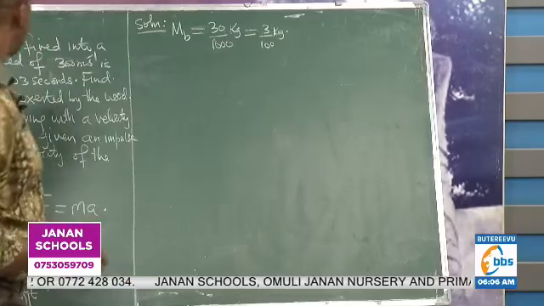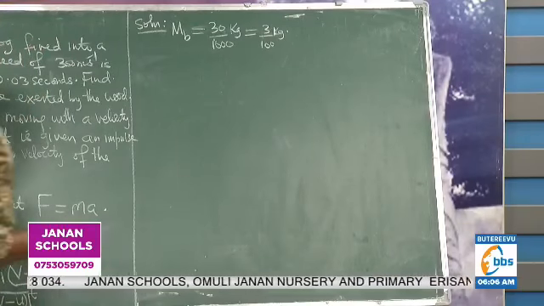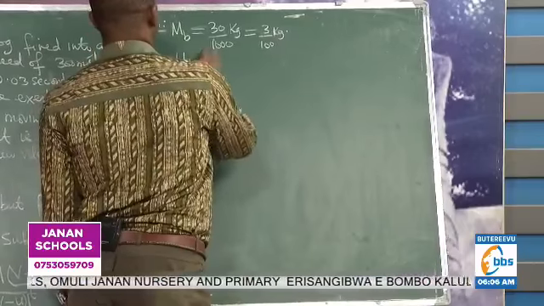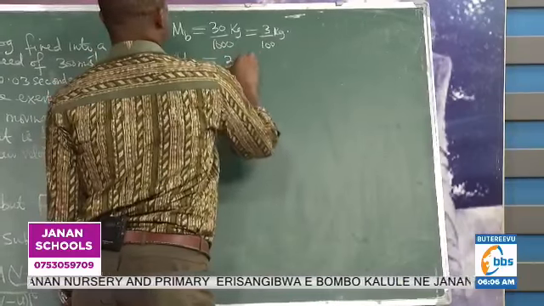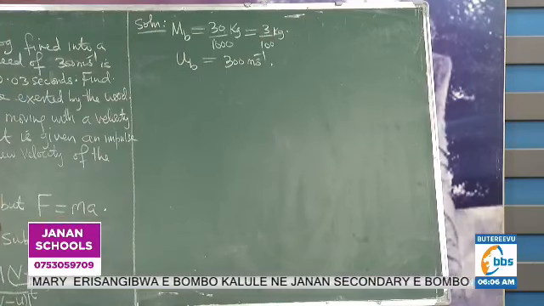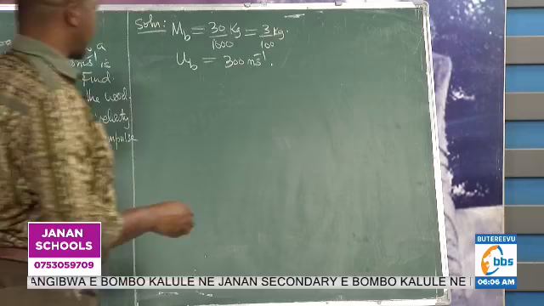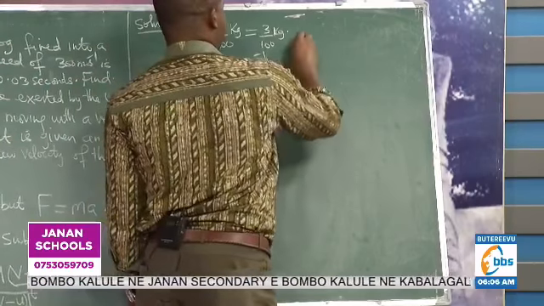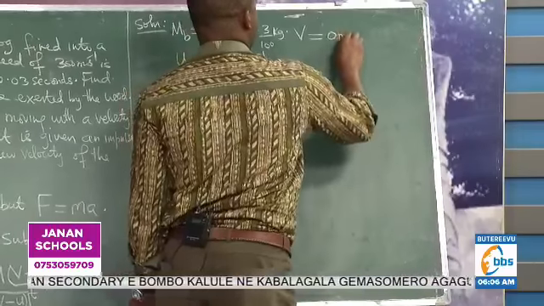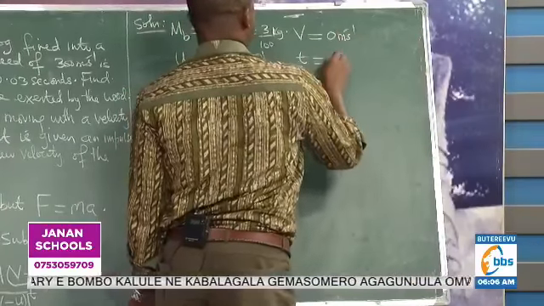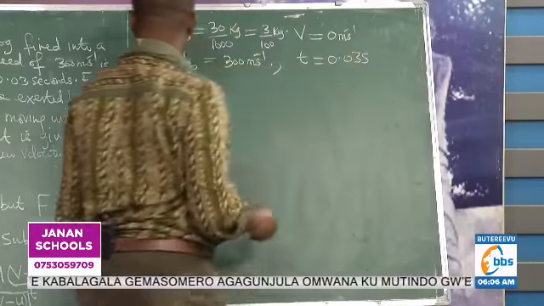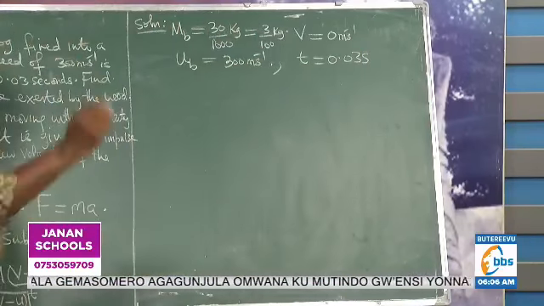It is fired into a wooden block, and the initial speed of the bullet is 300 meters per second, and it is brought to rest. Brought to rest means that the final velocity of this bullet is 0, and this happens in 0.03 seconds.